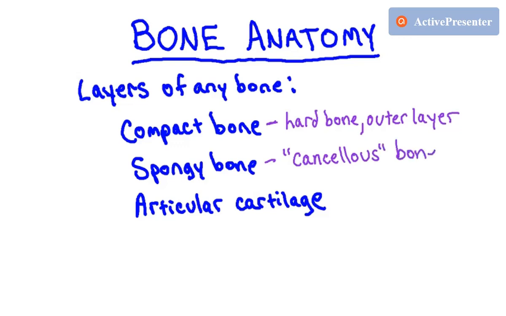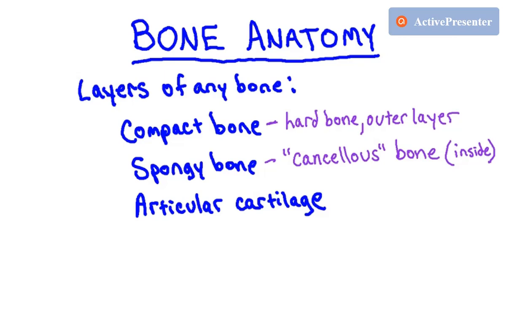And it really is like the consistency of a sponge. And we'll see some microscopic images of it pretty soon. They're pretty trippy. If you have trypophobia, here's a trigger warning for you because it's pretty weird to look at. But the spongy bone is cancellous bone, and that is on the inside of the bone.